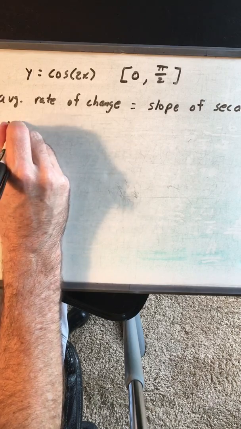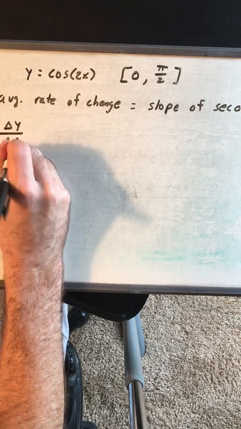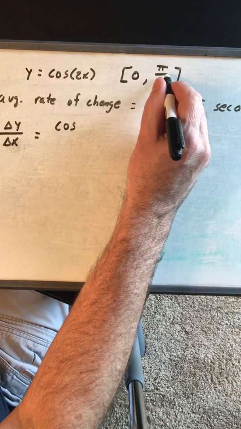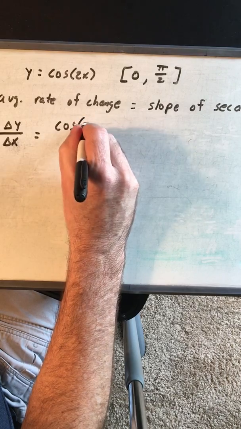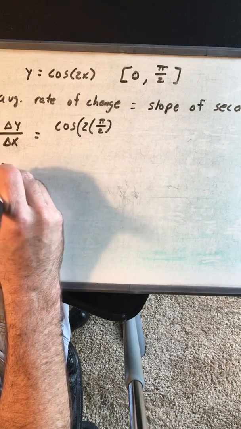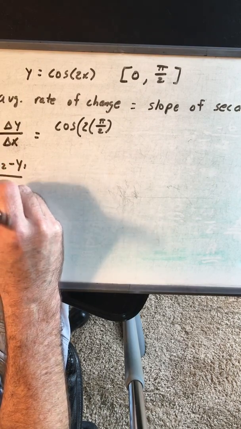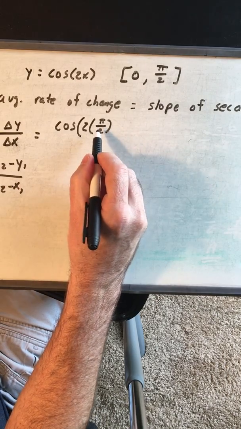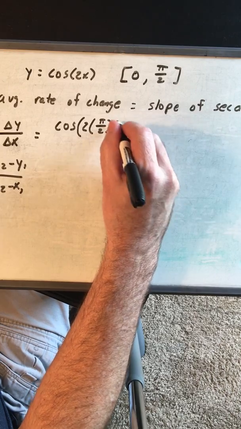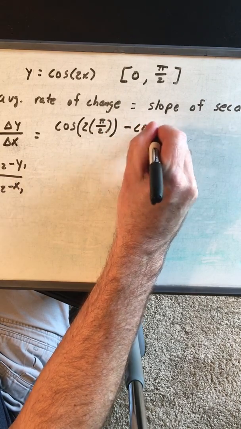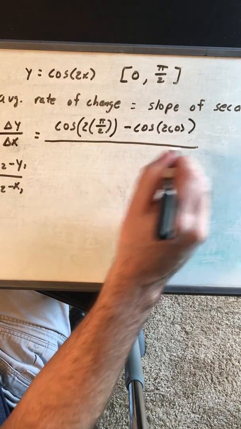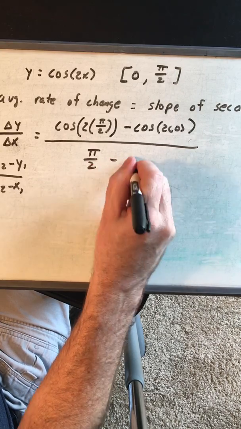So that's going to be the change in y over the change in x. That's y2 minus y1 over x2 minus x1. So that's the cosine of 2 times pi over 2 minus the cosine of 2 times 0, over pi over 2 minus 0.